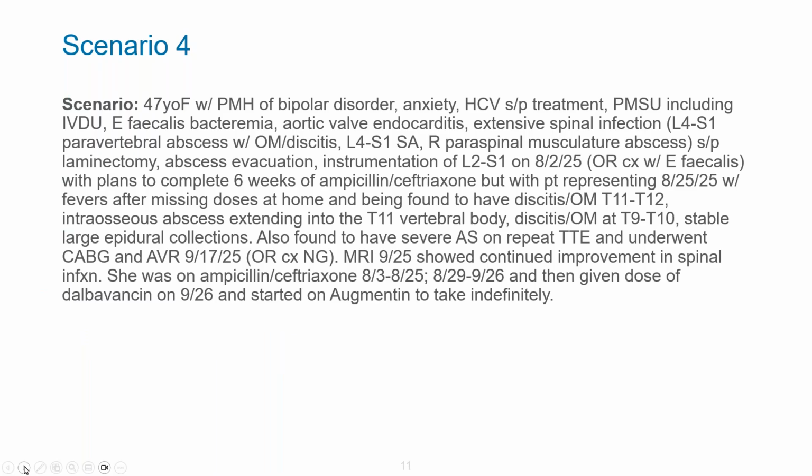Also found to have severe aortic stenosis on the repeat TTE and underwent CABG and AV repair on 9/17/25. MRI on 9/25 showed a continued improvement in the spinal infection. She was on ampicillin and ceftriaxone 8/3 to 8/25, 8/29 to 9/26, then given a dose of dalbavancin, that may not be right, on 9/26 and started on Augmentin to take indefinitely.